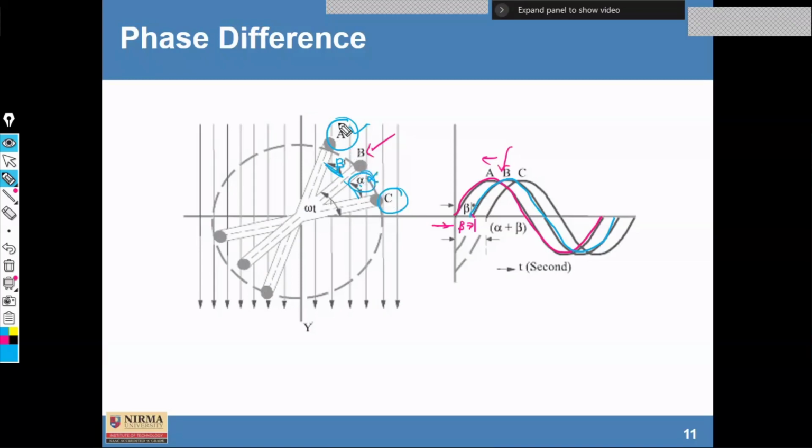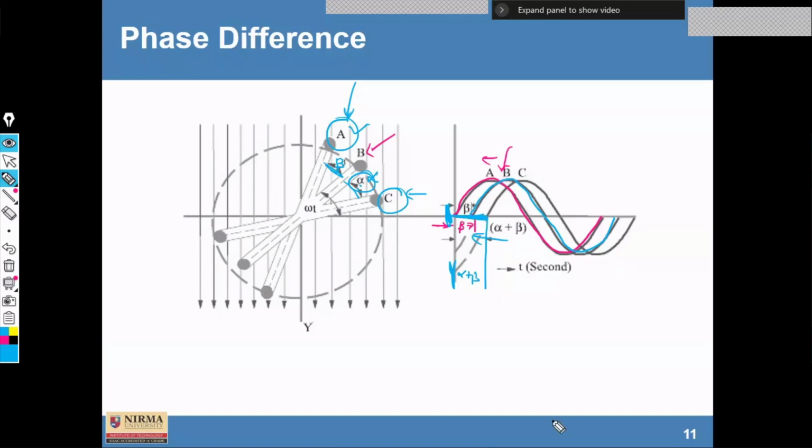So if you want to represent with respect to A, coil A, then we can start drawing the waveform after an angle alpha plus beta. So here this angle is alpha plus beta with respect to A. So this angle is alpha plus beta here. Fine. So with respect to A and C, we can write.